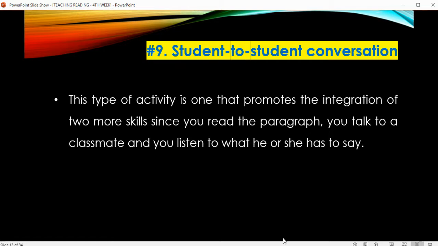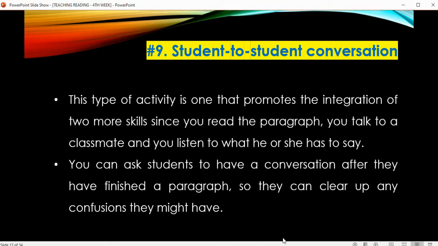But we can complement this by using other skills. As here you can see, one student talked to a classmate and the other student listened. So we are practicing here, apart from reading, the speaking and listening skills too at the same time.